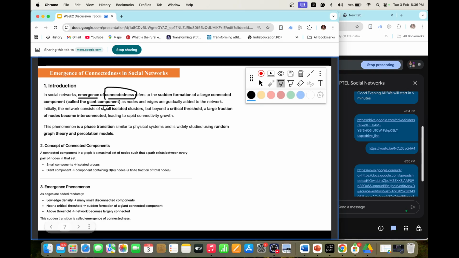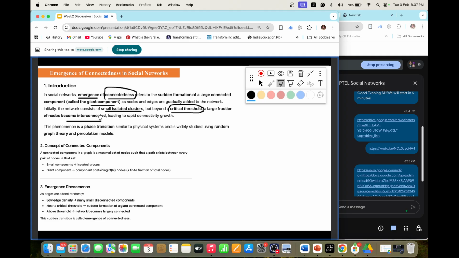Initially, the network consists of small isolated clusters, but beyond a critical threshold, a large fraction of nodes become interconnected. So initially, when any network is formed, communities or clusters will get formed, right? And there is less betweenness centrality in between the communities.